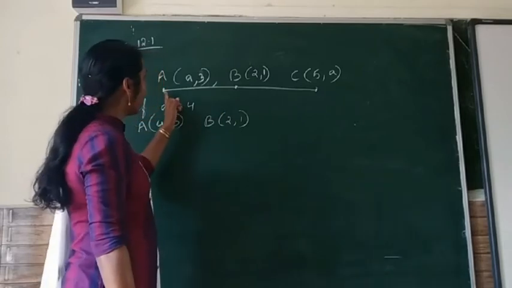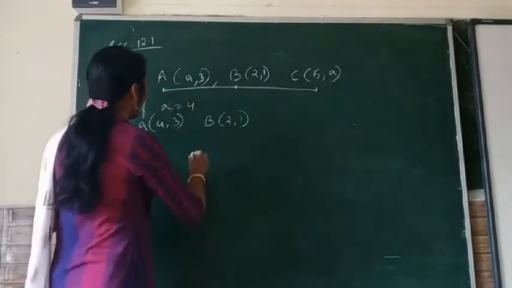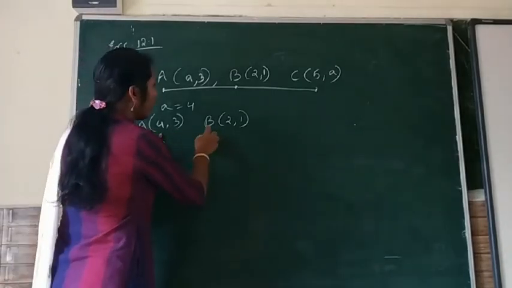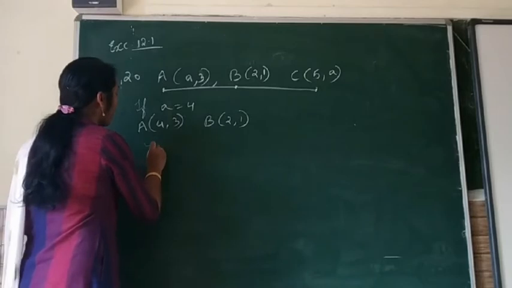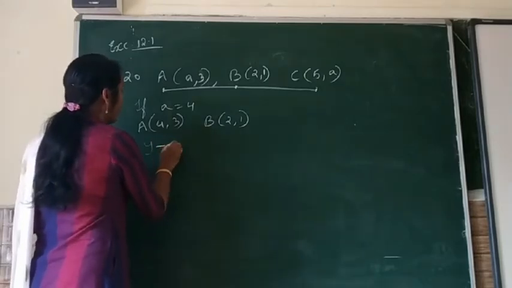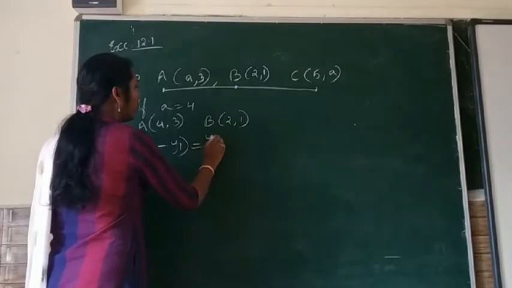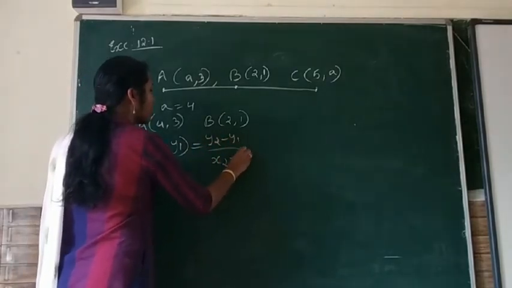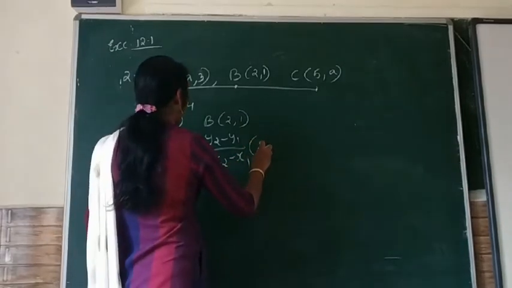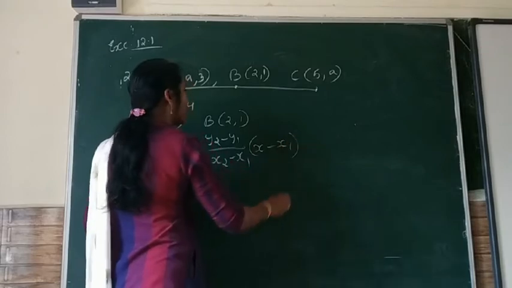So here we are going to apply the 2-point form. So we have A(4, 3) and B(2, 1). So the equation of the required line is y minus y1 is equal to y2 minus y1 by x2 minus x1 into x minus x1. So this is the required equation.